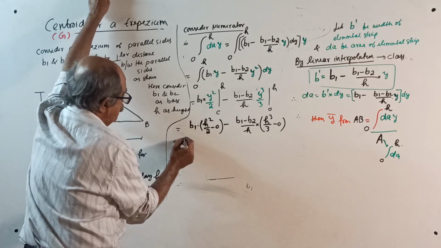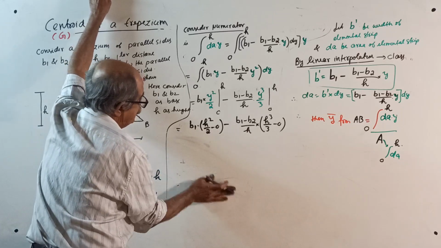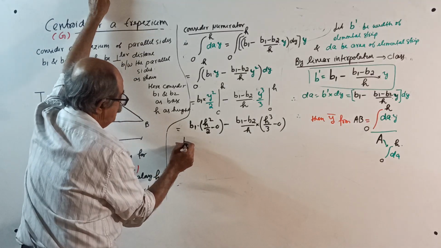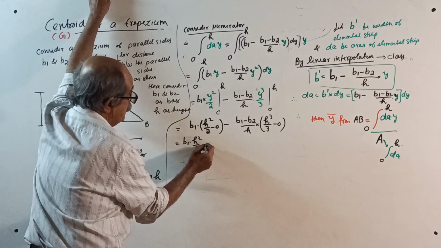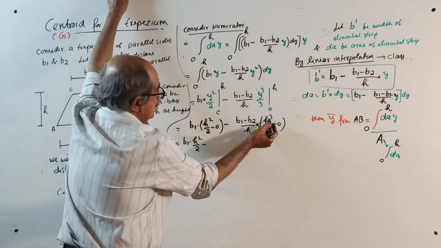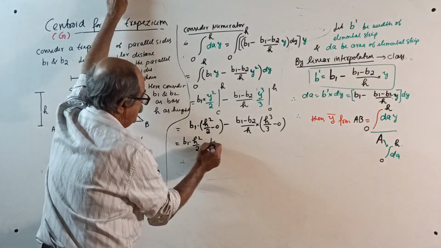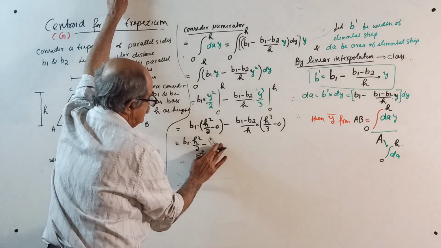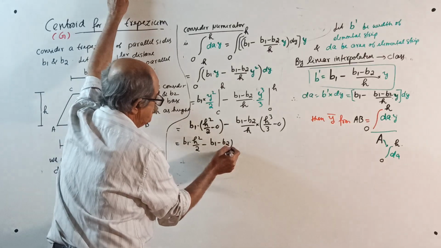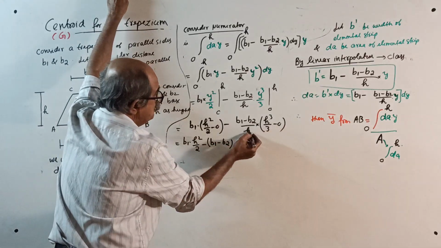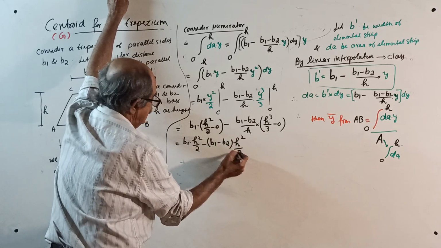Equal to b1 into h square by 2 minus h cube by h is h square, so b1 minus b2 into h cube by h is h square by 3.